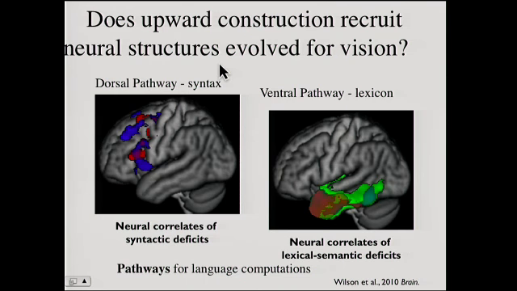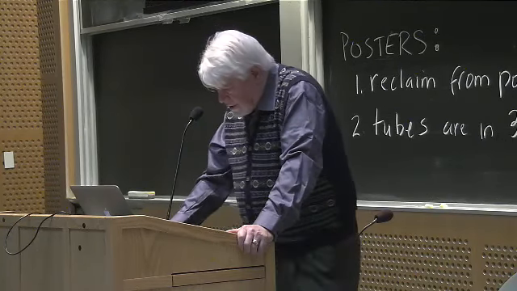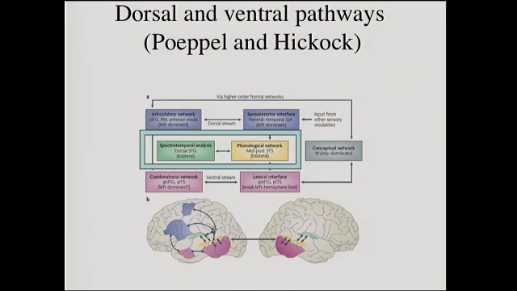There's a particular set of structures, the superior temporal gyrus and sulcus, that are mediating essentially in the middle of these, although more part of the dorsal pathway.